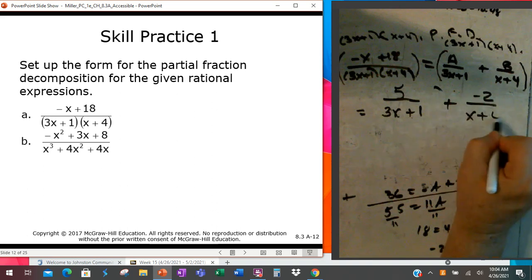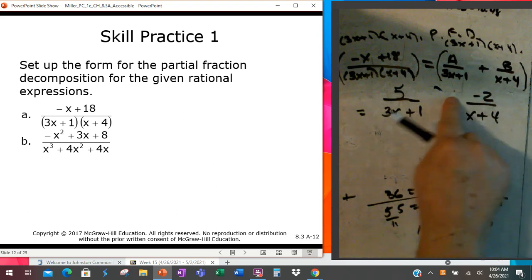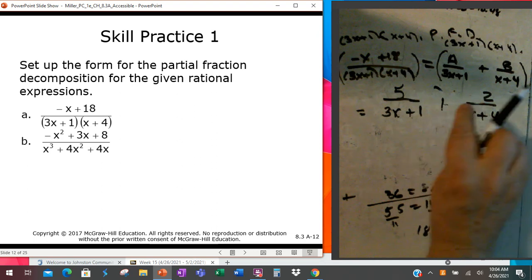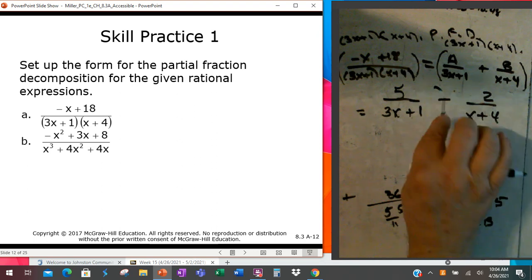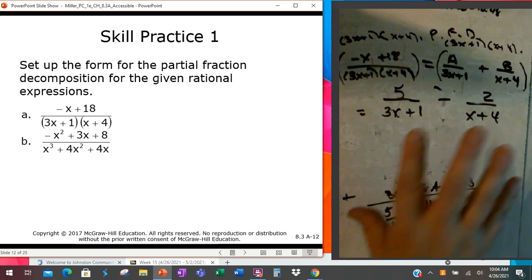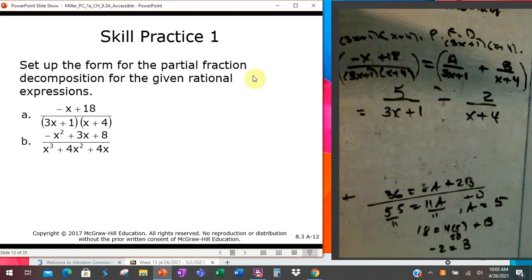And now instead of writing a plus and a negative, this is the same thing if I just pull this out front as a negative there. So partial fraction decomposition for a 2x2 system, you would be expected to do.